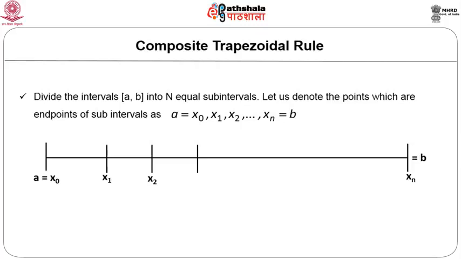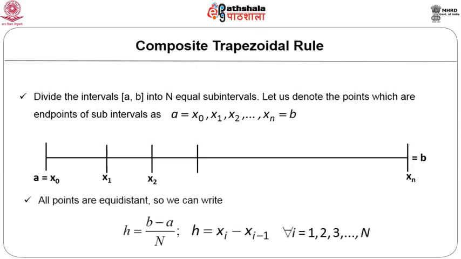That is not necessary, but for ease of application of the formula, we divide the interval into n equal subintervals. As shown in the figure, we get the points x0 is our a, x1, x2, x3, x4, up to xn equal to b, and all these points are equidistant, and the length of every subinterval is given by (b minus a) by n, where n is the number of subintervals, and our h is given by x_i minus x_(i minus 1) when i runs from 1 to n.